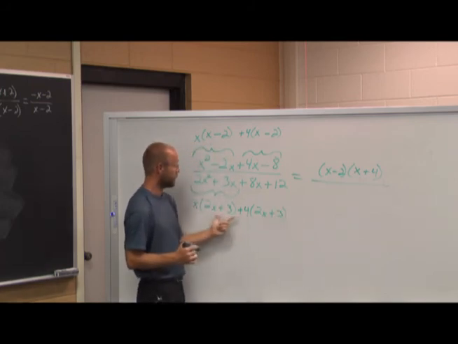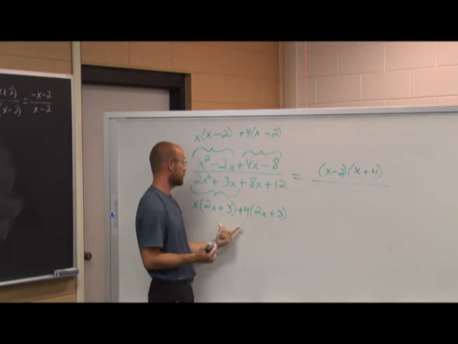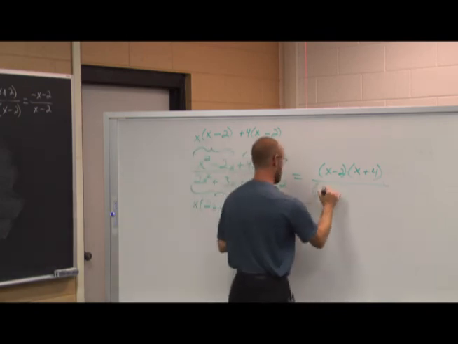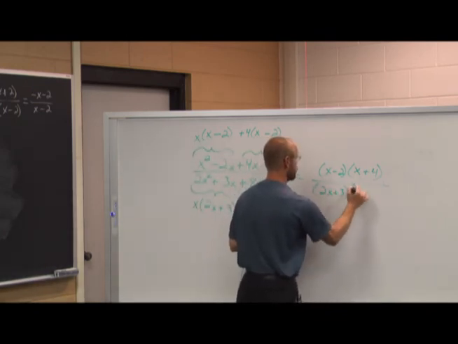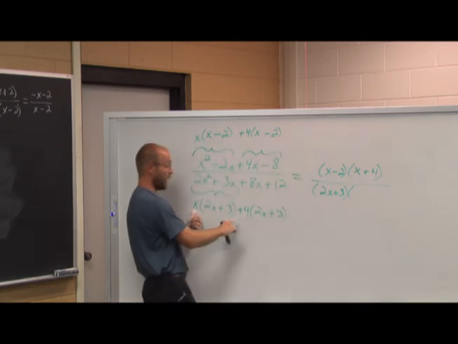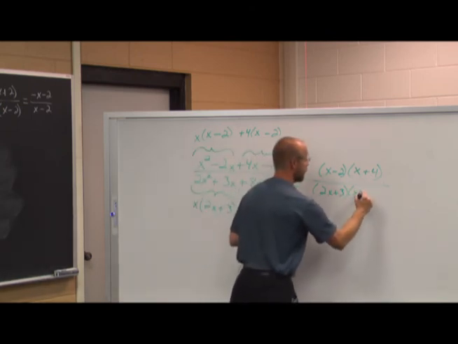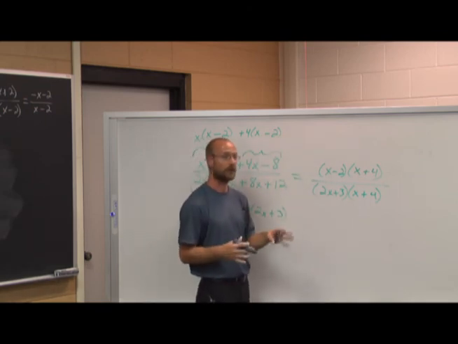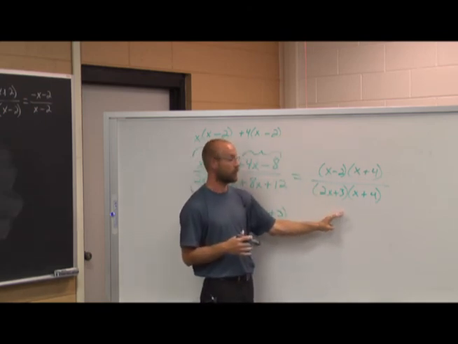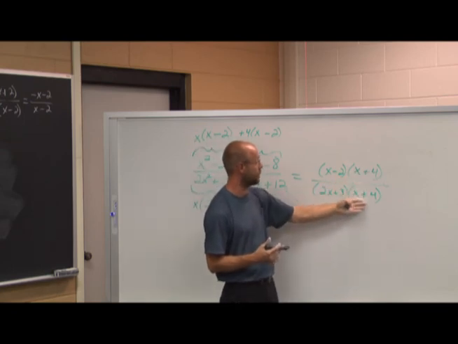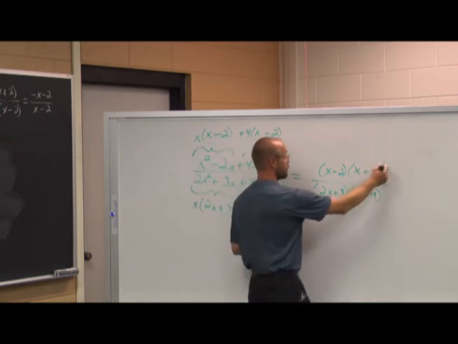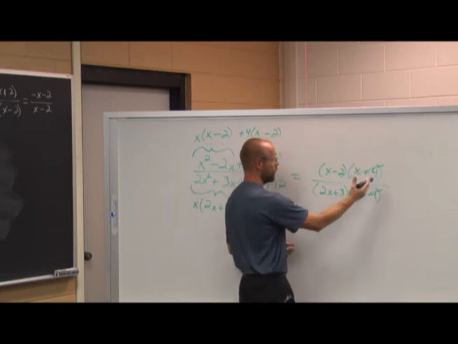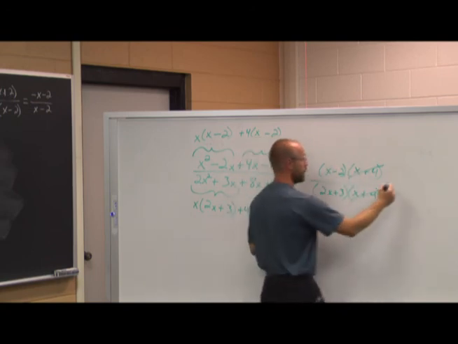And we say, hey, 2x plus 3 is common to both of these terms, so I can factor it out. 2x plus 3 is multiplied by x and 4. And now we've done all that factoring. It's time to reduce. So what I'm going to do here is I'm just going to say, hey, a common factor top and bottom. X plus 4 divided by x plus 4 is 1. And 1 times this quantity doesn't change it.